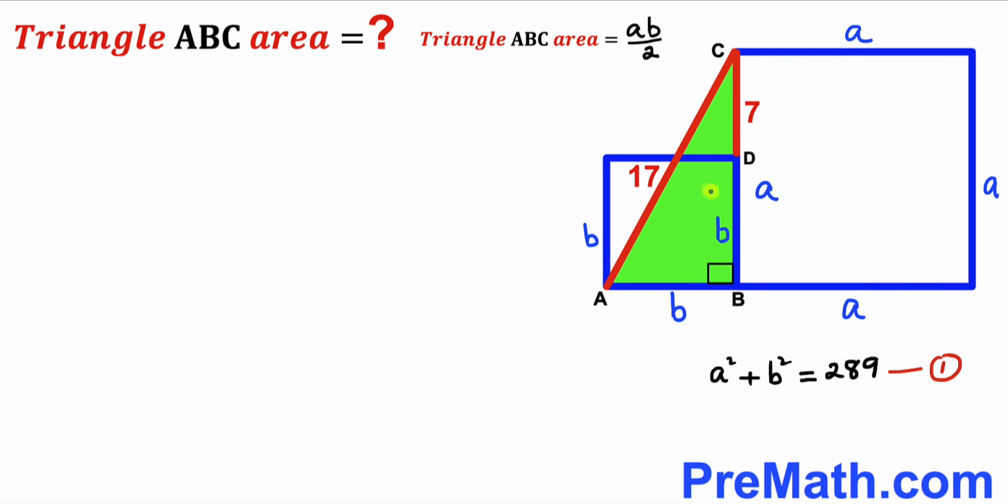And here's our next step. We know that this segment CD length is 7 units. In other words, this larger square's side length is lowercase a, and the side length of this smaller square is lowercase b. So therefore we conclude that a minus b has got to be equal to 7. So we could write the difference of these two side lengths: a minus b is going to be 7 units.